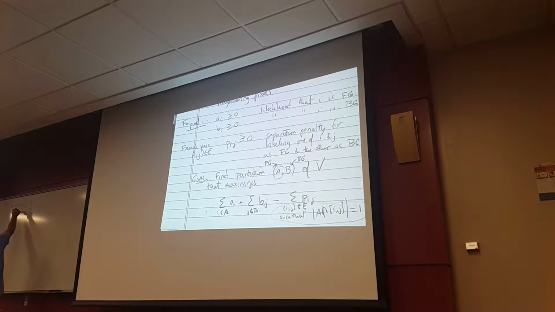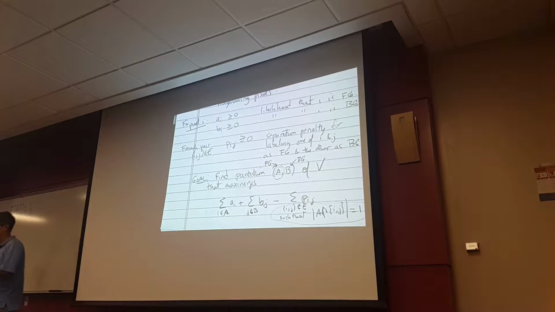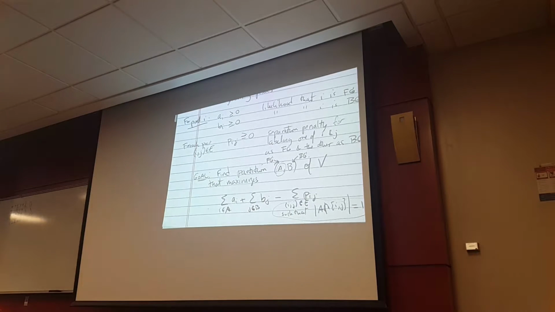You have a bunch of edges like this, and I'm just adding the penalties for these edges. That's what I meant by this term here. These are precisely the edges that have one endpoint on one side and the other endpoint on the other side.